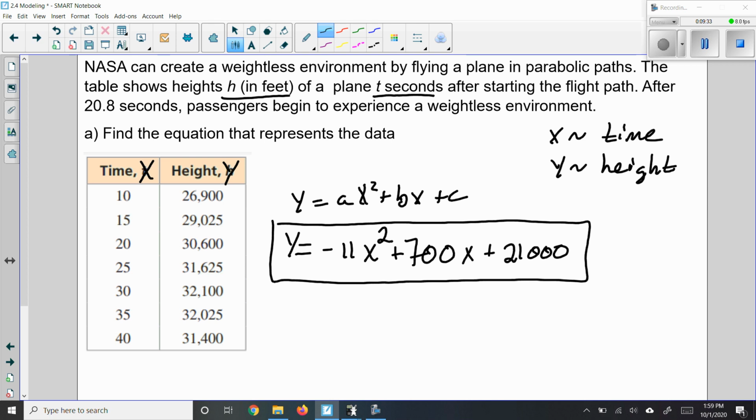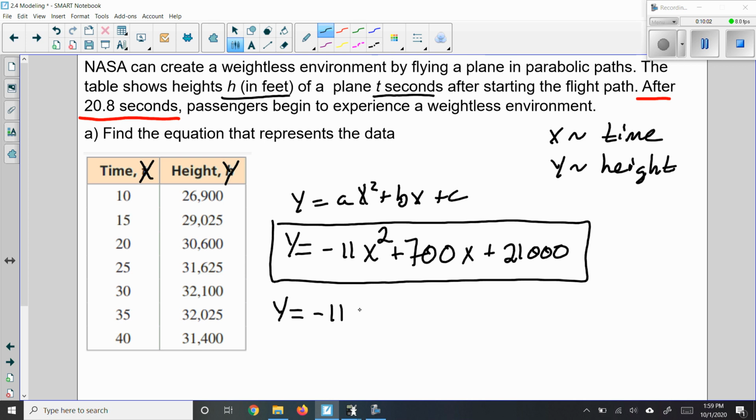So the question goes on to ask, after 20.8 seconds, they begin to experience a weightless environment. I guess it's not asking us for the height after 20.8 seconds. But if we wanted to, what is the height if x is 20.8?